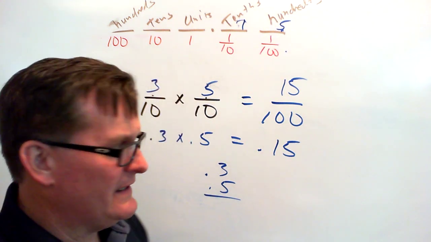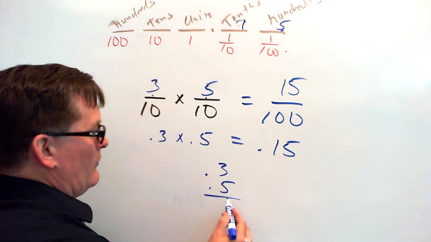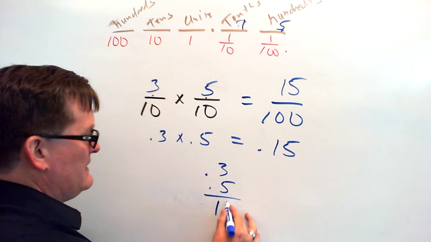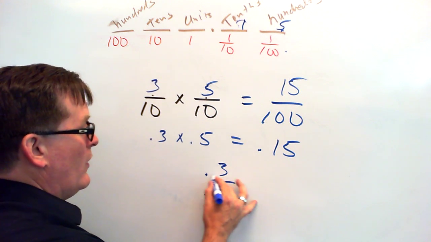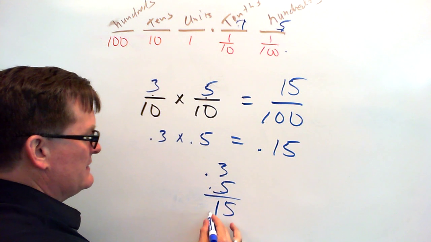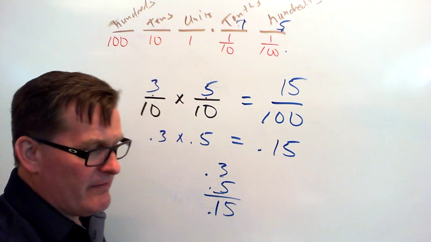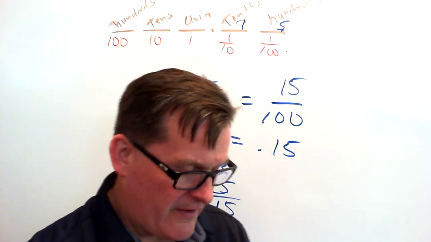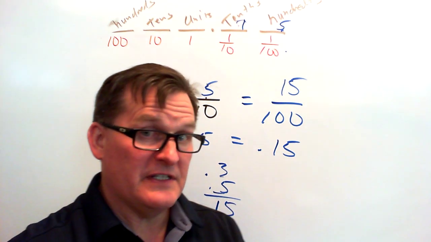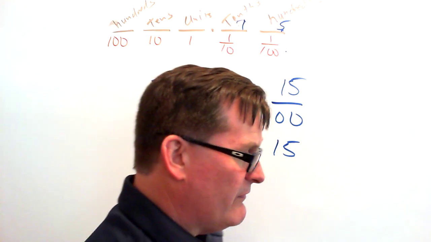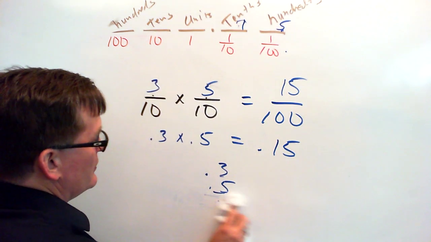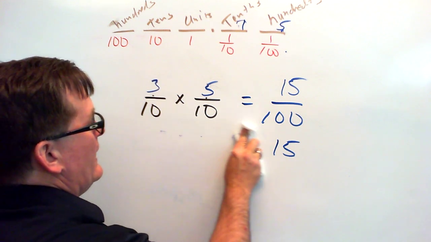It gets really messy, so you need a simpler way to do it. We know this easily. 5 times 3 is 15. And then you count, I have 1, 2 decimal places, so the answer is 0.15. Again, the standard method is a little more complicated than that, but you'll see that in the upcoming videos. I just wanted to show you in this one why it works.